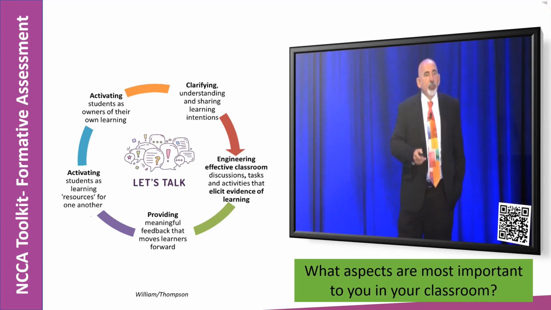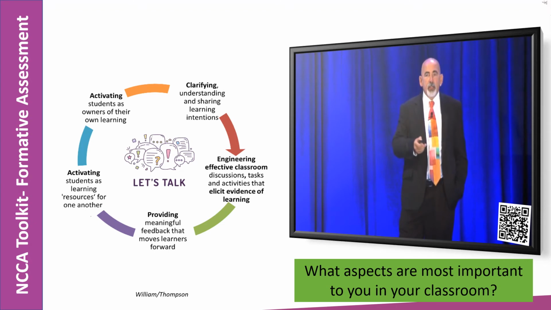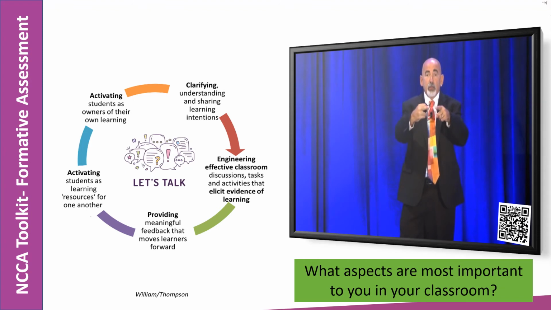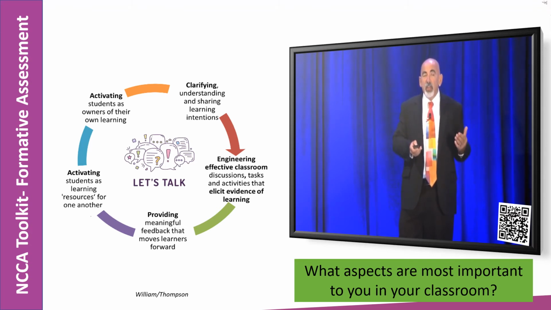Now, it is important that children know where they're going, but it's a mistake to think that the best way to do that is always through a narrow learning intention. Sometimes it can't be that precise. If I'm getting kids to balance chemical equations, I do want every single kid reaching the same goal. If I'm getting them to react to a poem by D.H. Lawrence, I don't want them reaching the same goal. And in fact, I would love it if a kid comes up with something that I had never imagined possible.